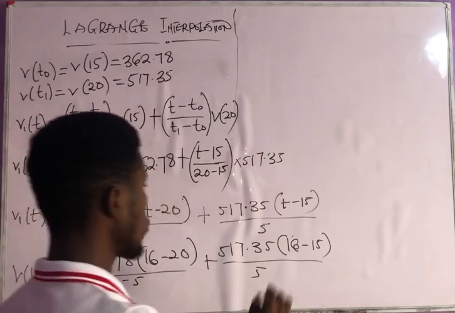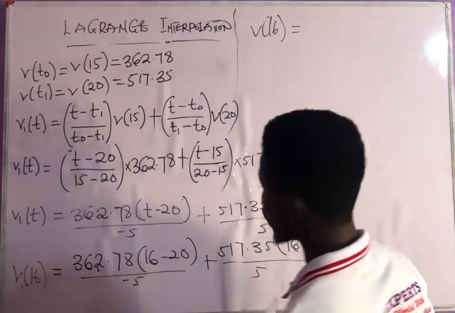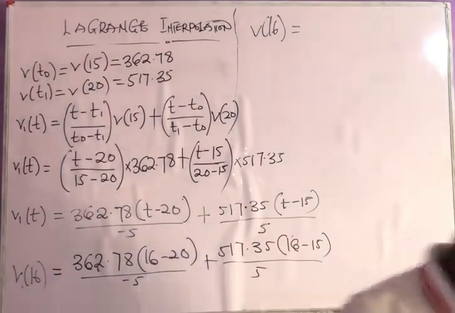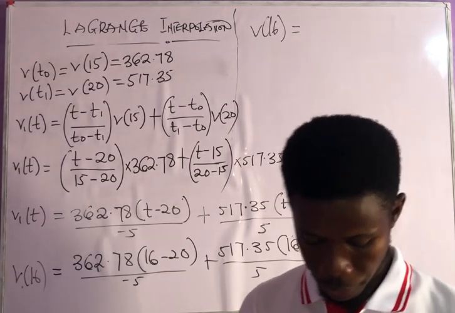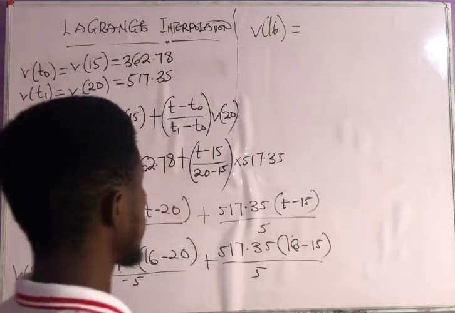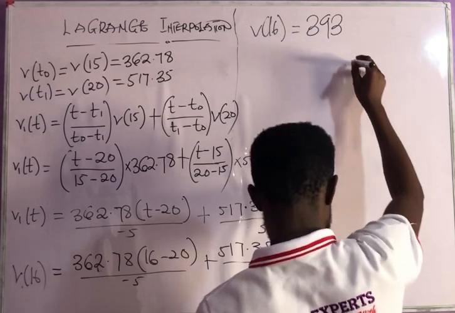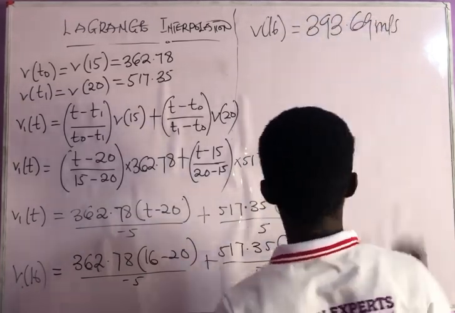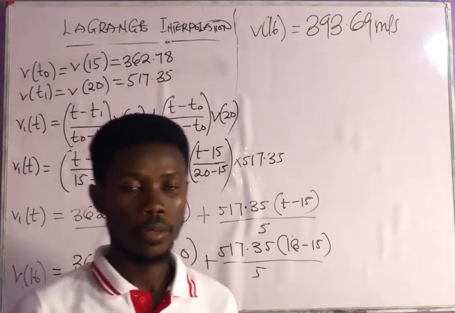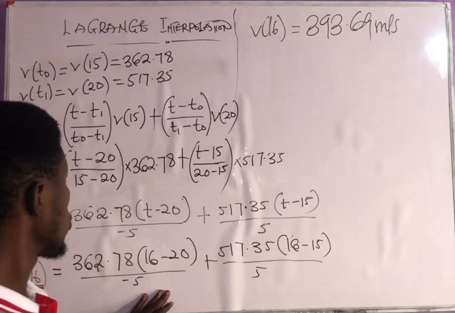When you do that, we have V of 16 to be 393.69 meters per second. Is that okay? And this is very simple to do.